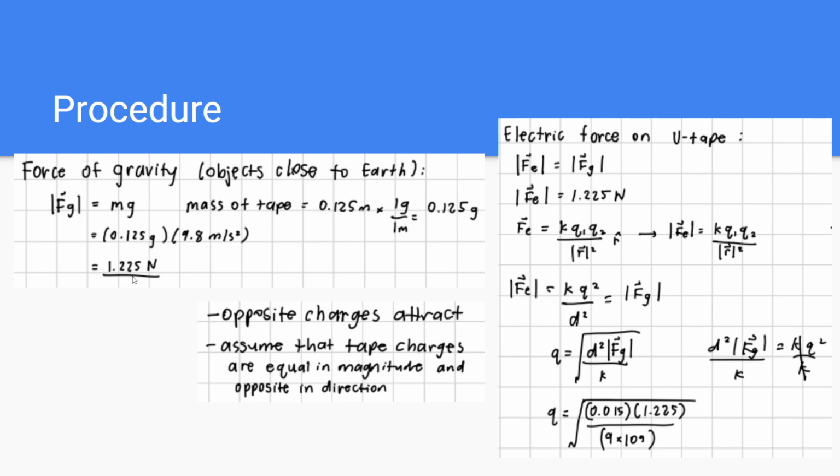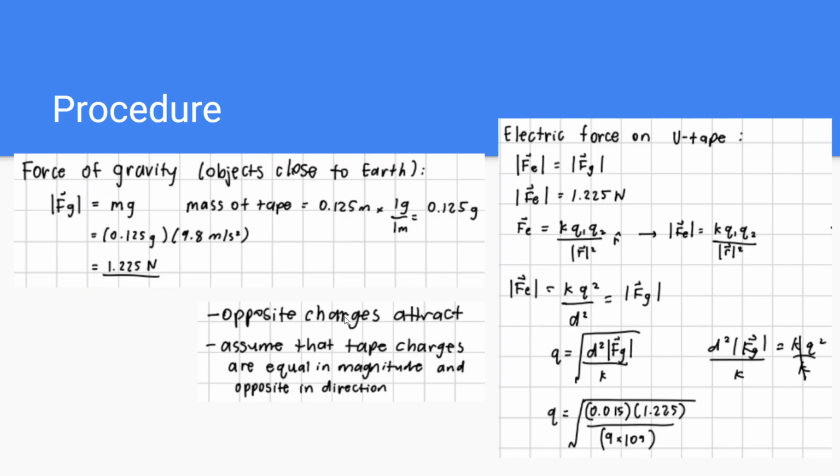Then using the force of gravity for objects close to the Earth, we're able to find the gravitational force to be 1.225 newtons. Just a side note, the mass of the tape is shown in grams on this calculation, but it's actually in kilograms, and that is accounted for in the GlowScript model.